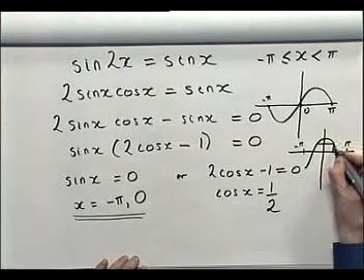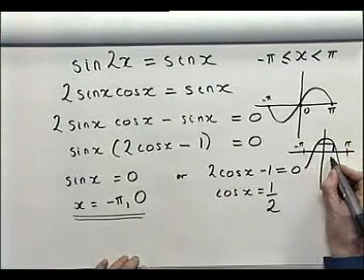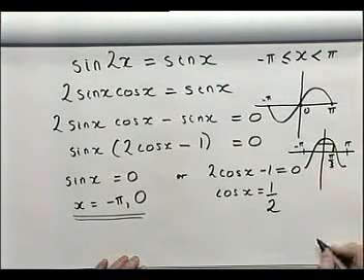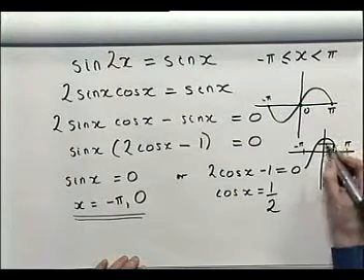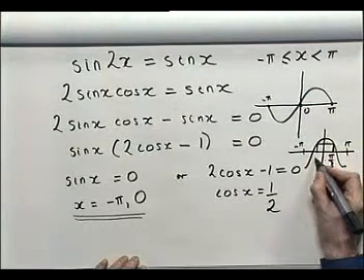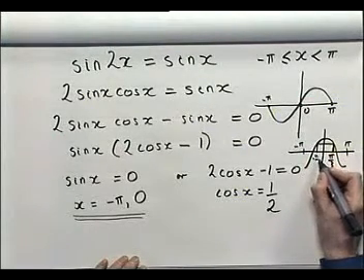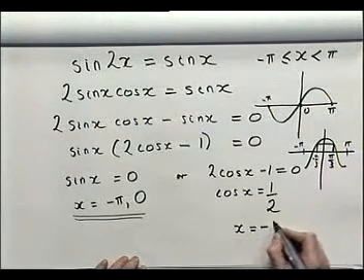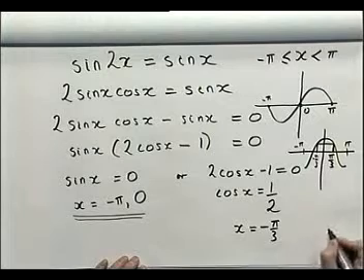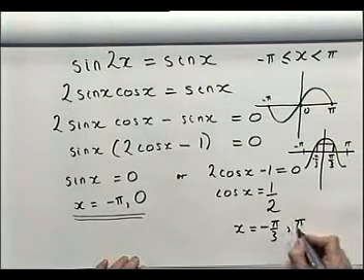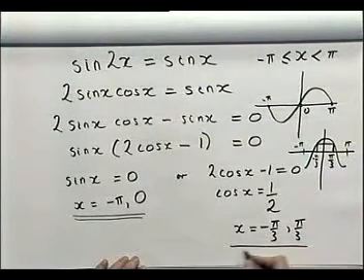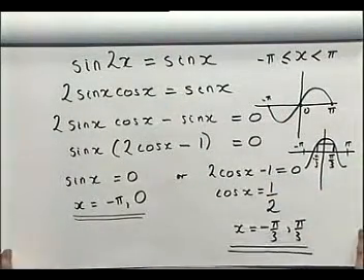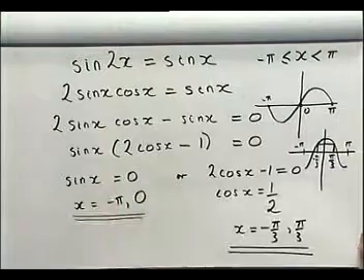And we know that this one is 60 degrees, or, because we're working in radians, pi by 3. And because of symmetry, this one here has got to be minus pi by 3. And so x is minus pi by 3, or pi by 3. And so we've got our 4 solutions for this equation.